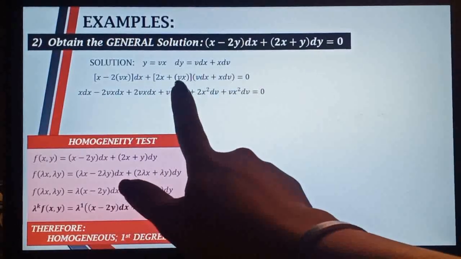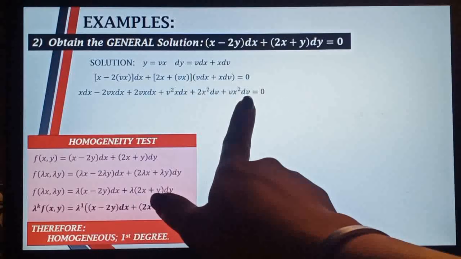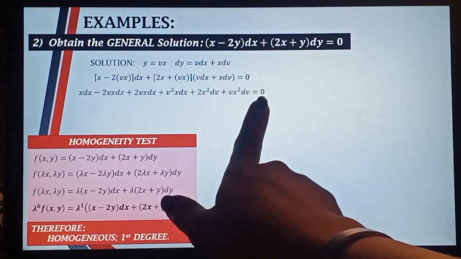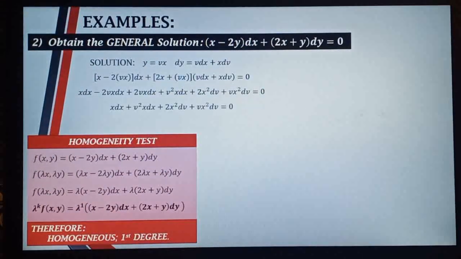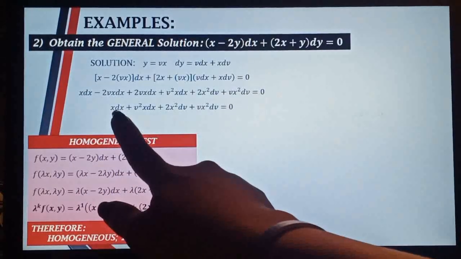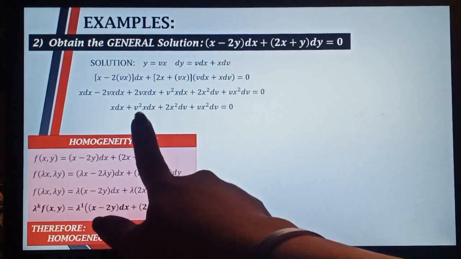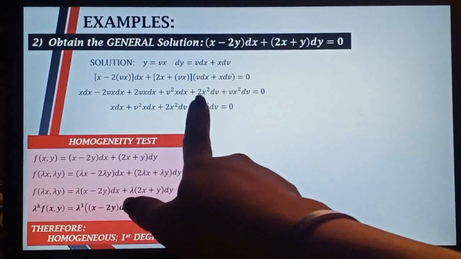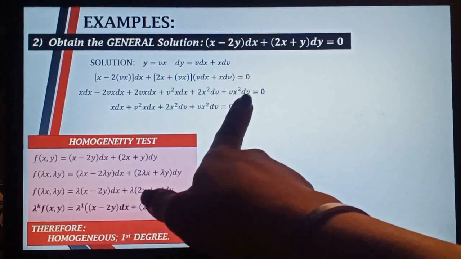Then the last term, you will have v x squared dv equated to 0. Ngayon, pagsasama-samahin natin yung mga like terms, it will be reduced into x dx. Tapos, si v squared x dx. Tapos, si 2x squared dv plus v x squared dv.